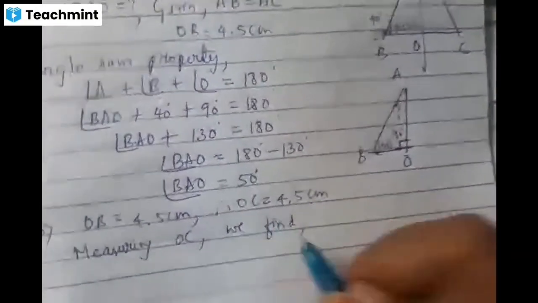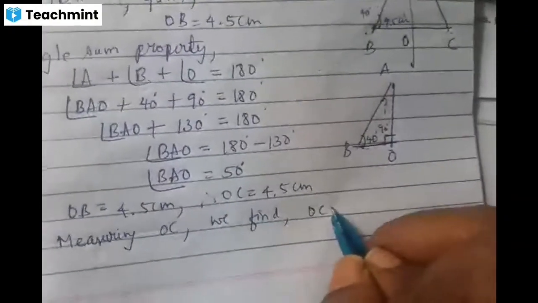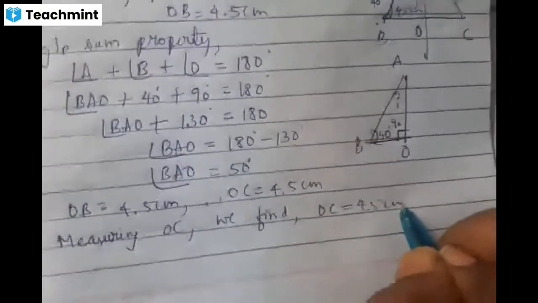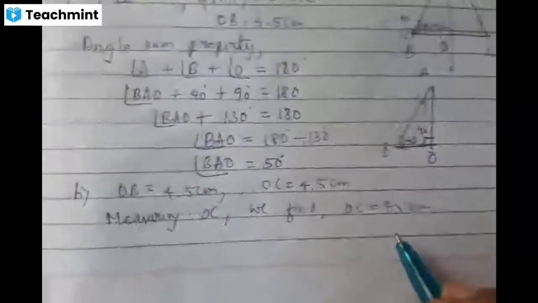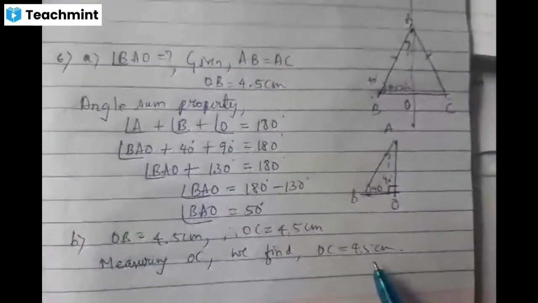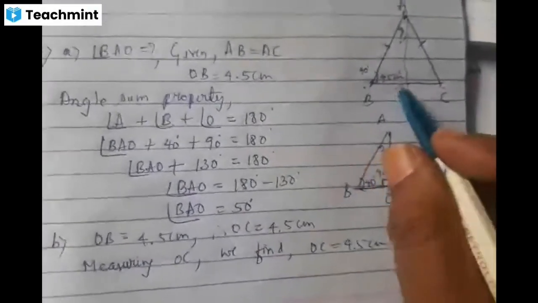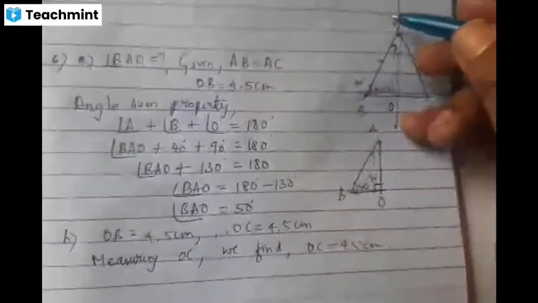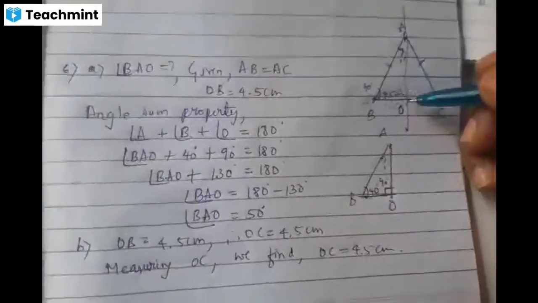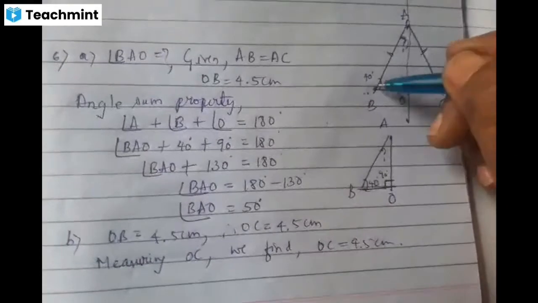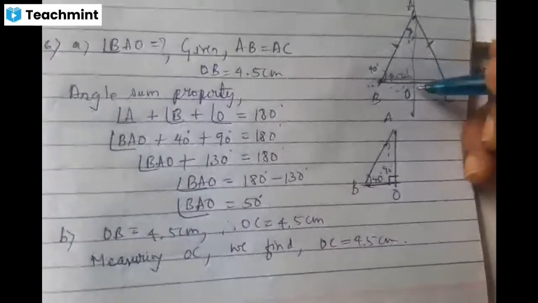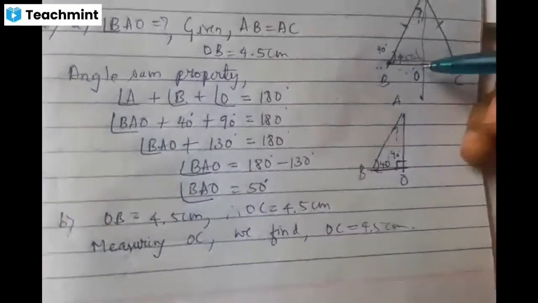We find OC is equal to 4.5 centimeter. Why is it 4.5 centimeter? Because OB is equal to 4.5 centimeter, and this is a line of symmetry. It has divided the given line segment into two equal halves. Therefore, OC is also 4.5 centimeter.